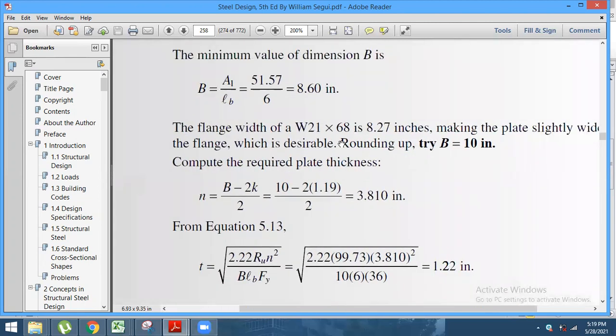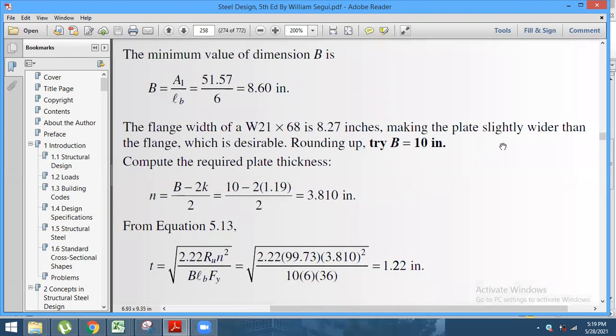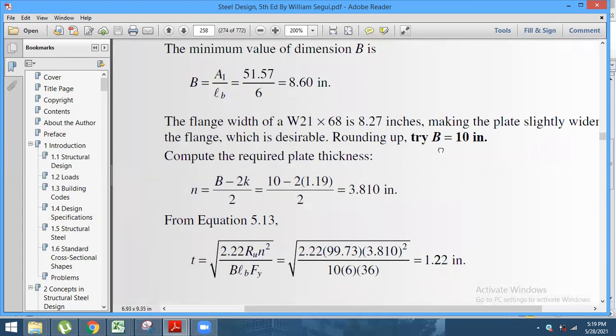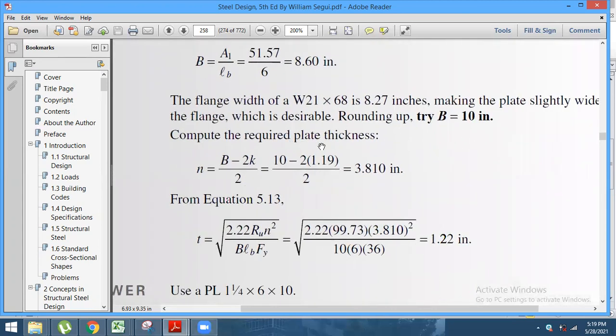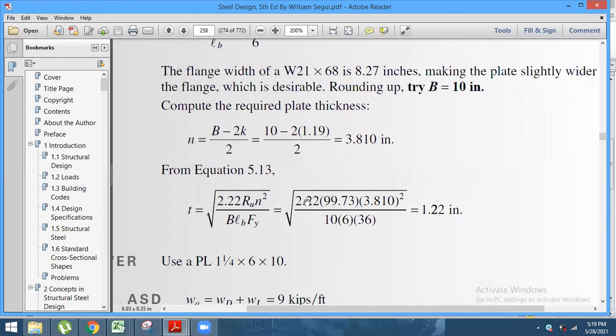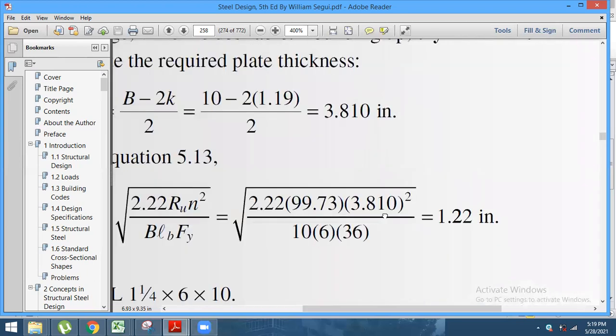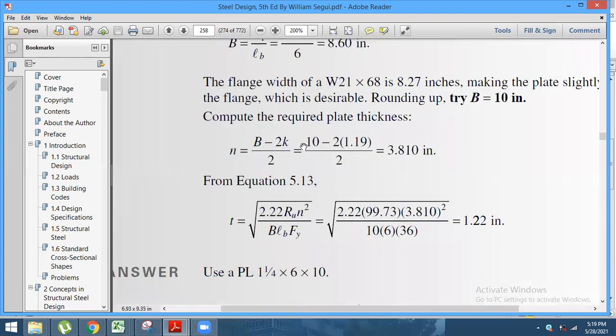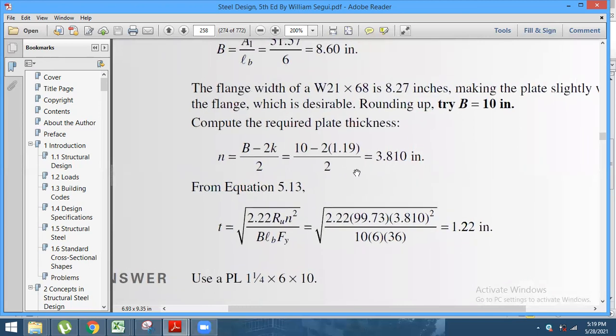Now, the flange width of W section making plate slightly wider than the flange. So, compute the required plate thickness. Para makuha natin yung plate thickness, gagamitin natin yung formula na T equals product of 2.22 RUN squared over by BLBFY. This 2.22 RU times N natin na 3.81, which is B minus 2K over by 2.